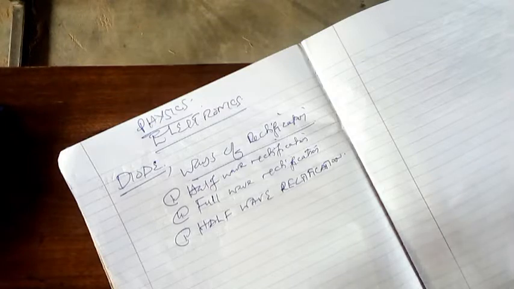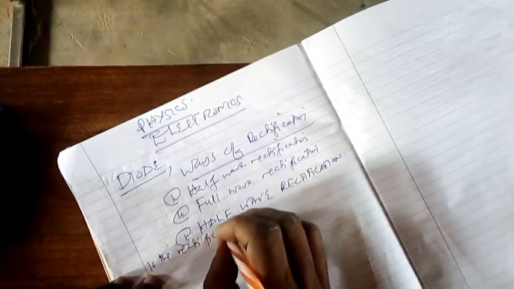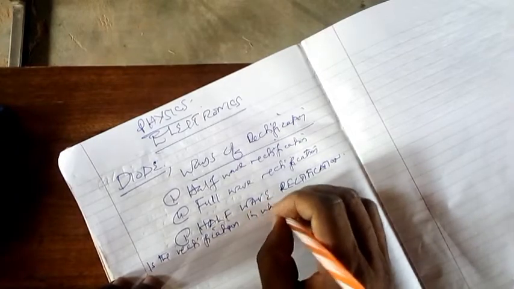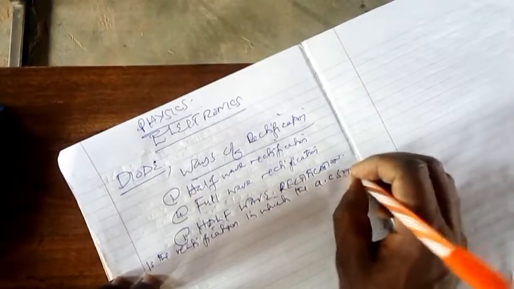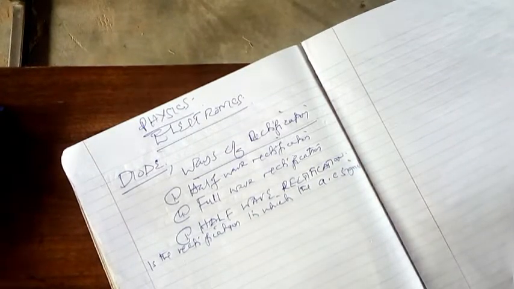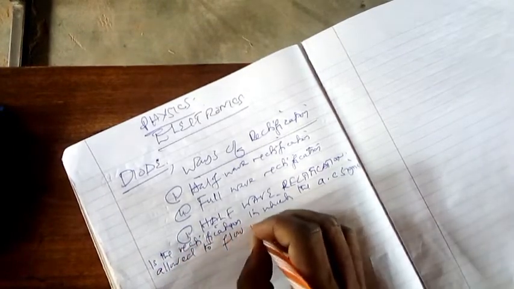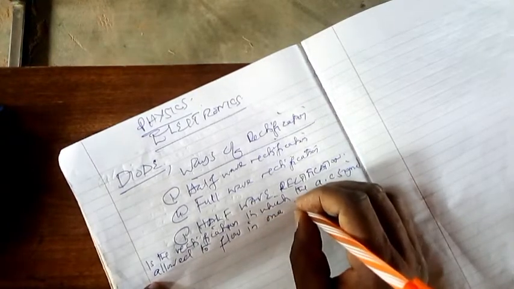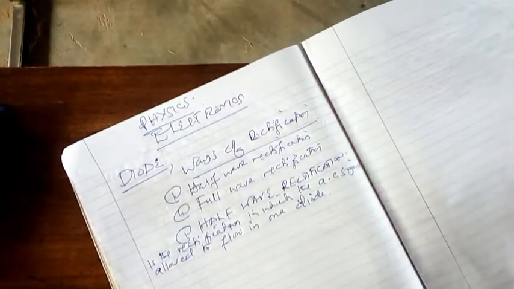Or another definition: it is a rectification in which the AC signal, meaning alternating current, is allowed to flow in one diode, or in a single diode. That is the definition of half-wave rectification.